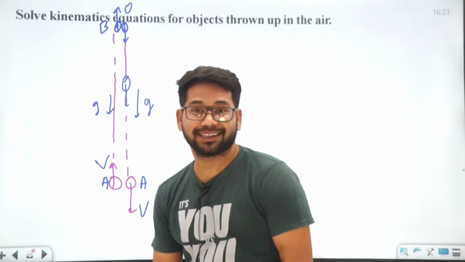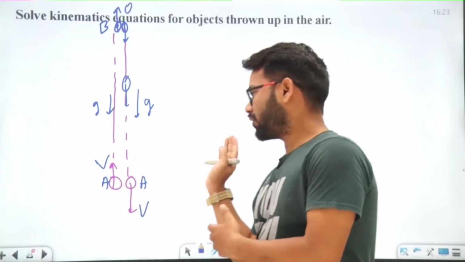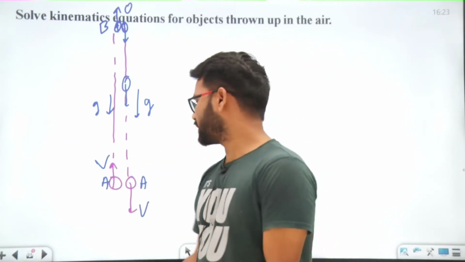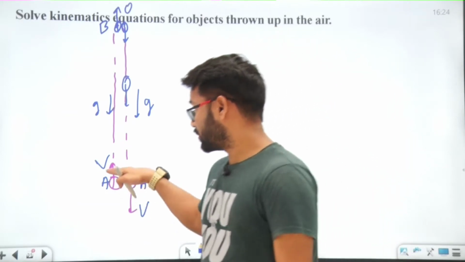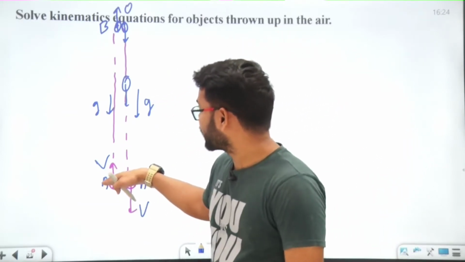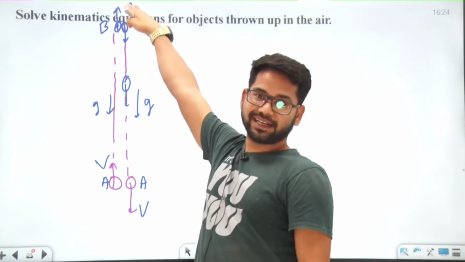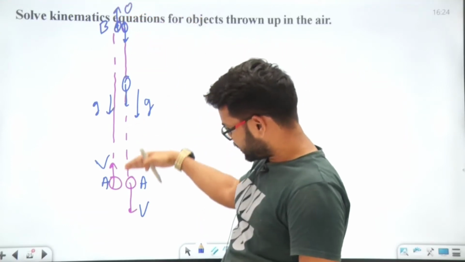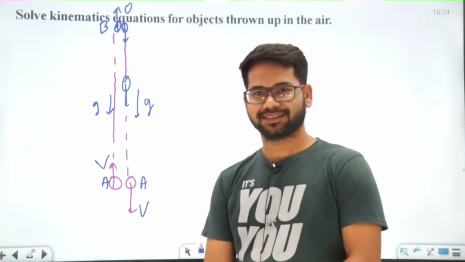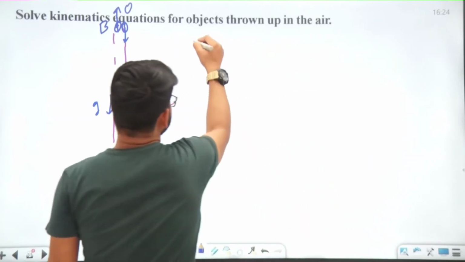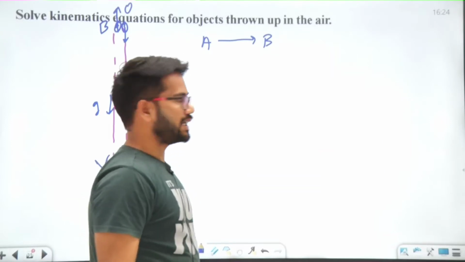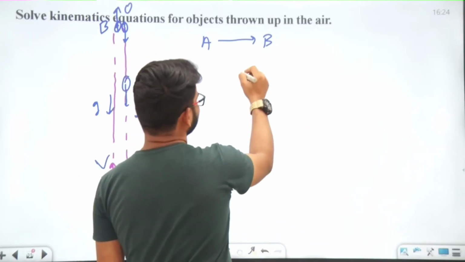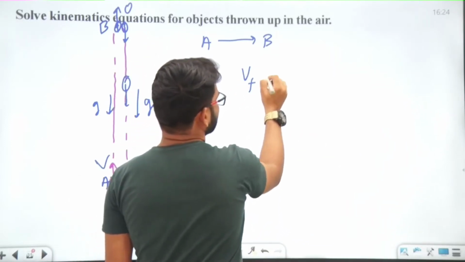Velocity will be minus V. But if you compare speed, then the speed will be the same, because it is retarding for height h, and then accelerating for height h with the same acceleration. Students, for the A to B motion, can we write V at any instant?